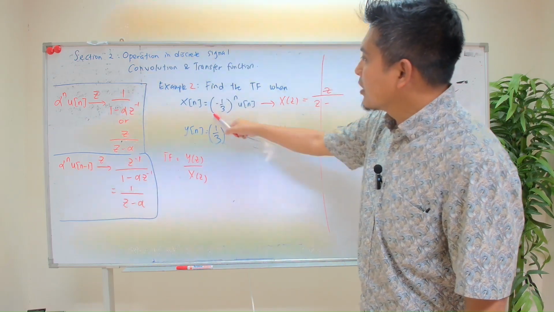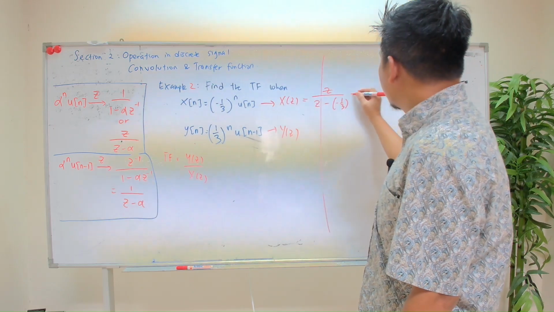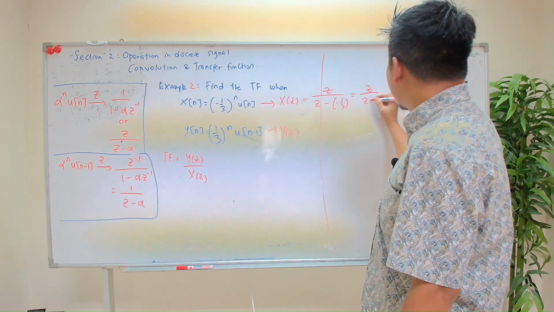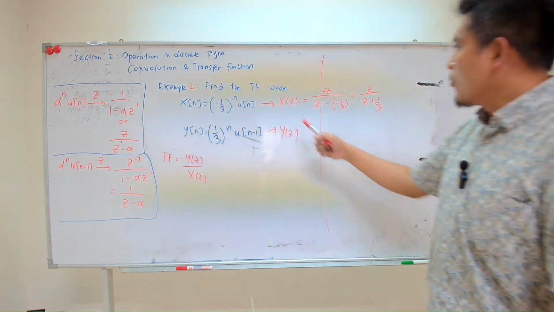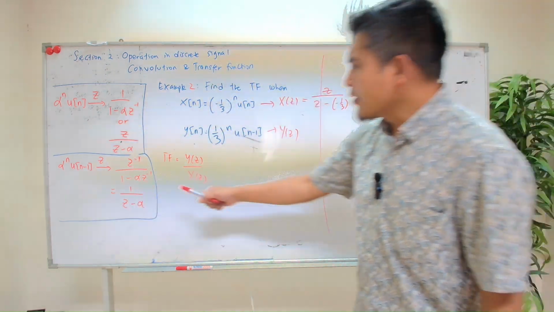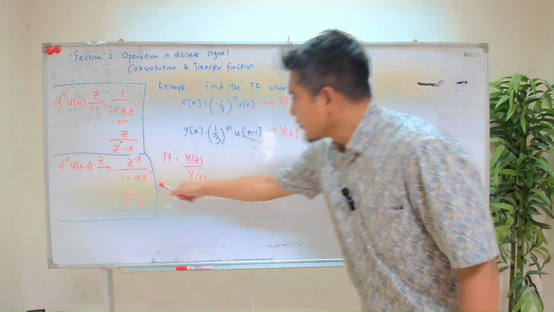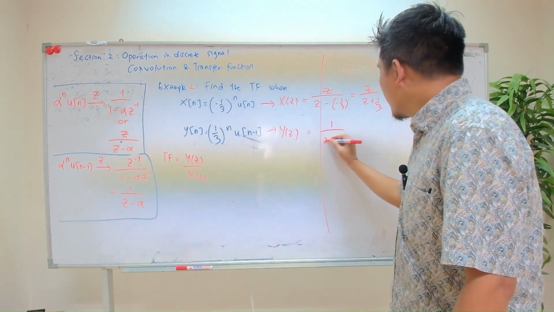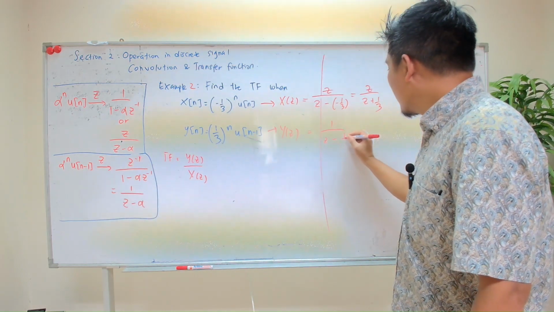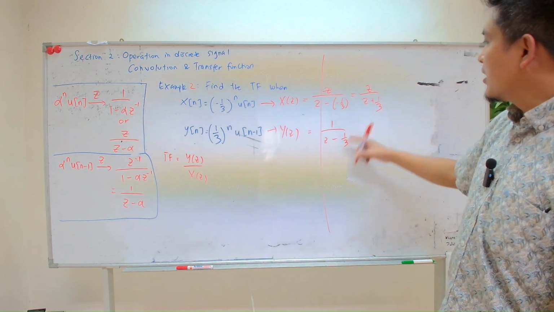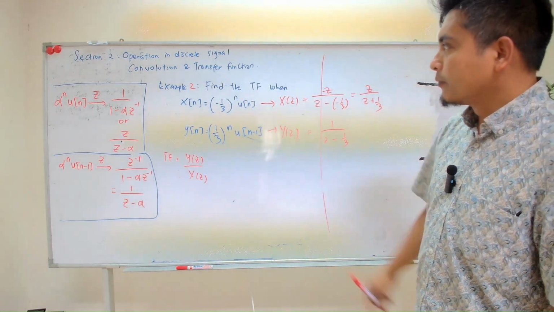The alpha value is equal to negative 1 over 3. Finally, you get z over z plus 1 over 3 for this one. For the Y(z), we need to refer to this one. You get 1 over z minus alpha. The alpha value is 1 over 3. So this is the value for the X(z) and Y(z).